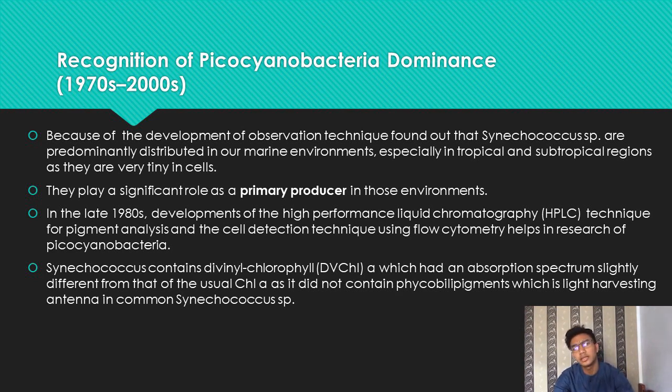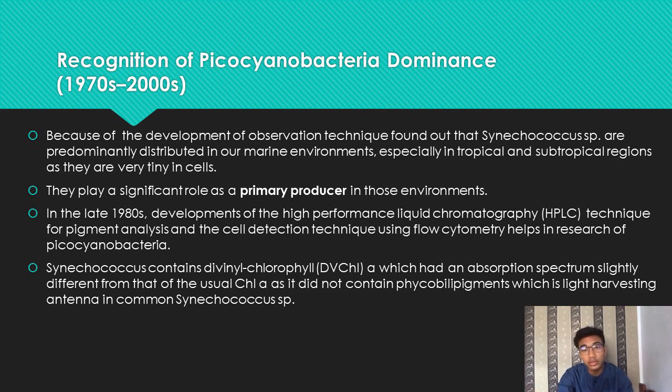In the late 1980s, there was development of high performance liquid chromatography for pigment analysis and a cell detection technique using flow cytometry, which helped in the research of these Picocyanobacteria.